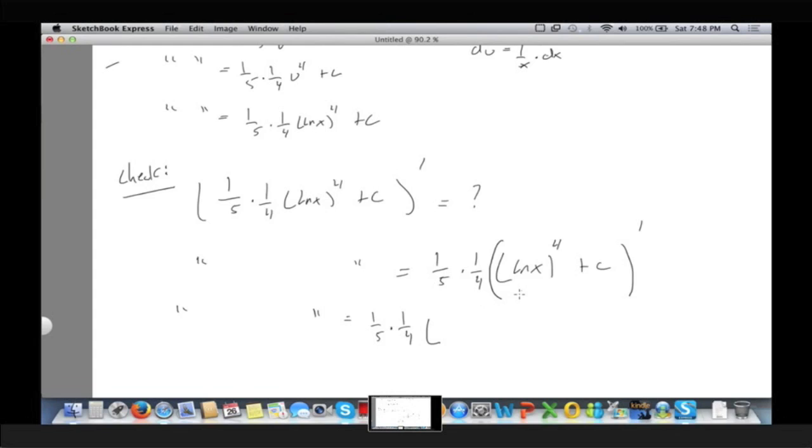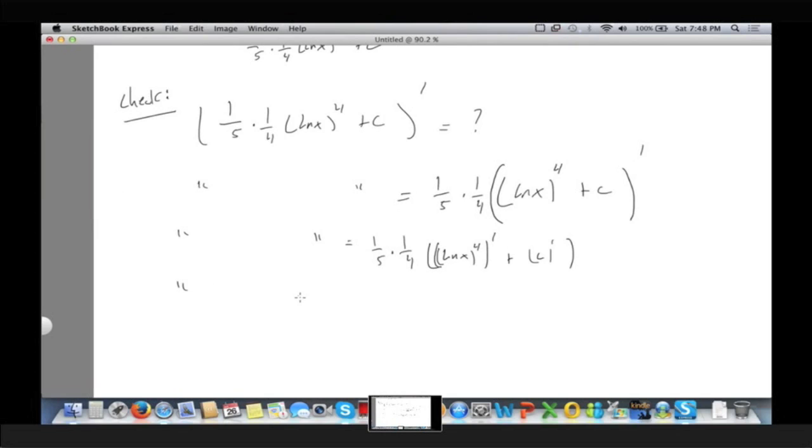So we take the derivative. This derivative is going to be 2 to the 4th, and 4. And now we need to use the chain rule.